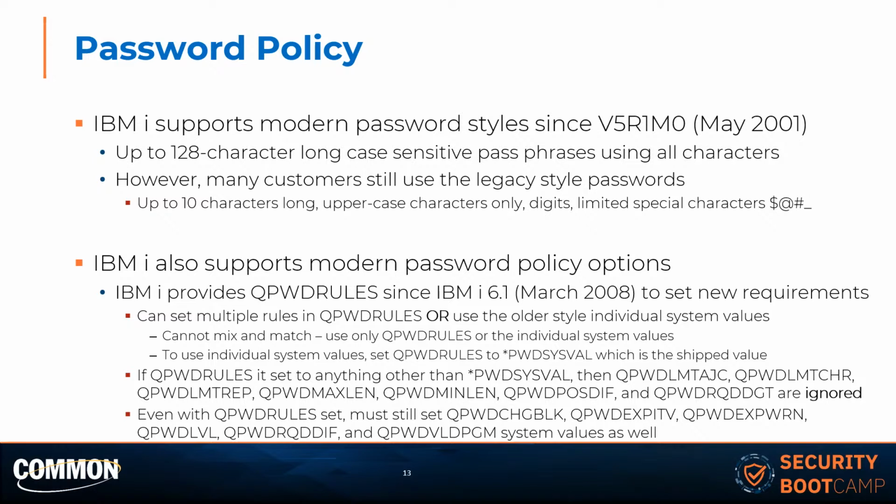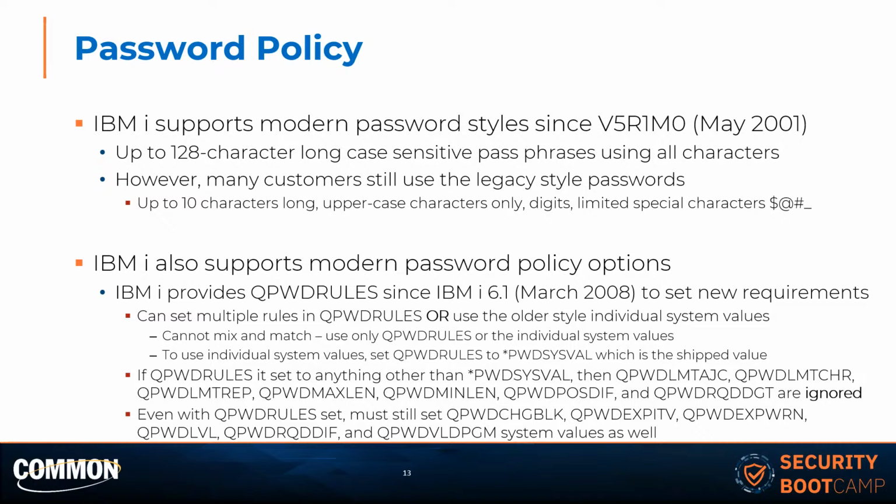In addition to the modern password style, the IBM i also has modern password rules available since IBM i 6.1, released in 2008. To do this, there is a system value called QPWDRULES. Within the QPWDRULES system value, you can set multiple rules that cover all of the requirements of your passwords.